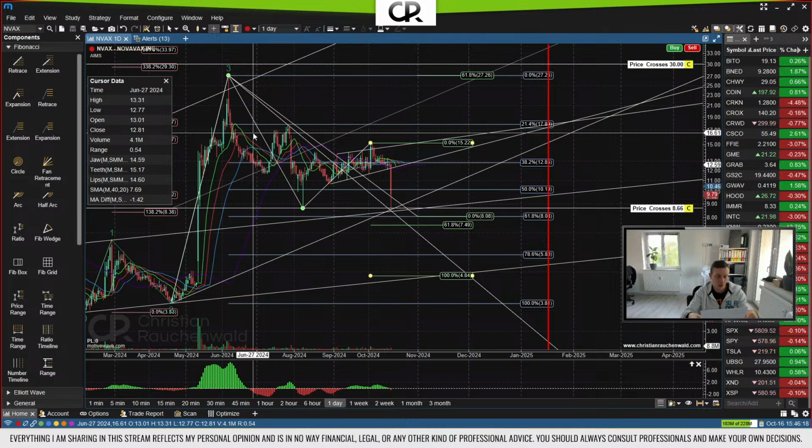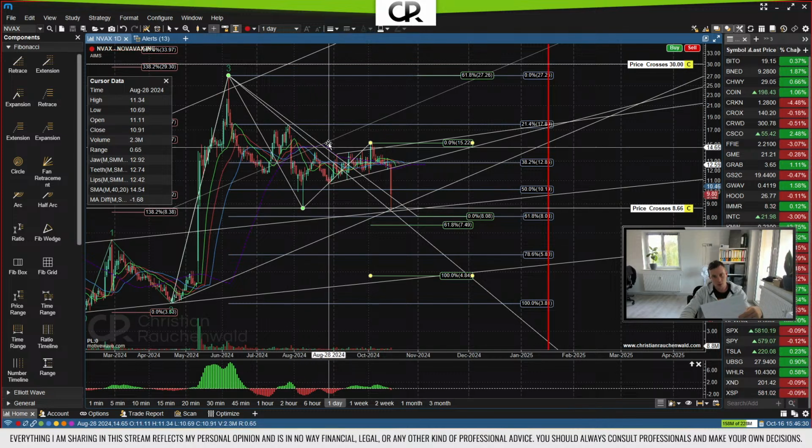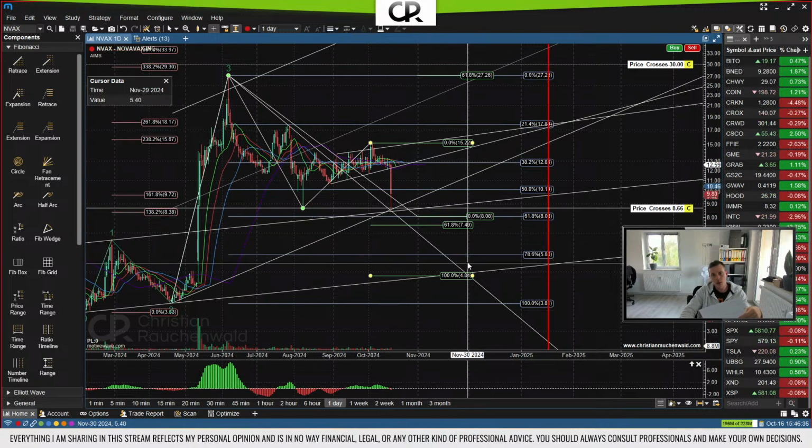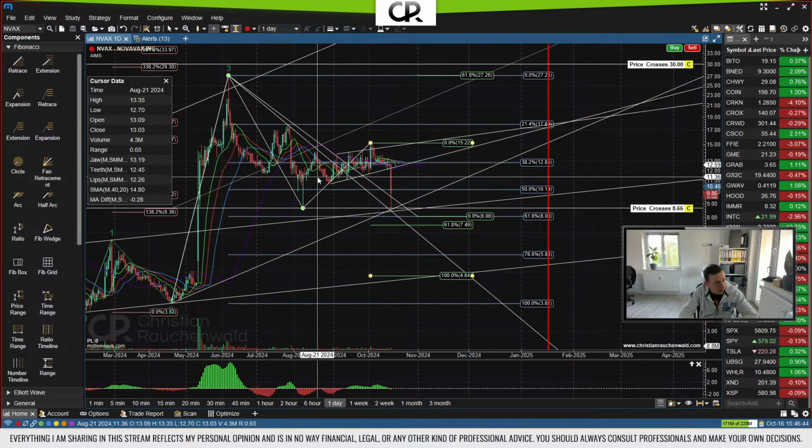Impulse, leading diagonal. Zigzag, any correction? Zigzag, okay. It could be a double zigzag. So we would have an ABC, any correction, which can be ABC, and then another zigzag, which would need to be ABC. But then we probably would even go below the 8.8, so we can even make the option play cheaper.